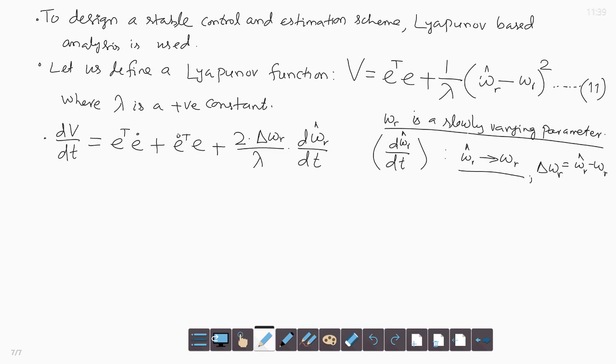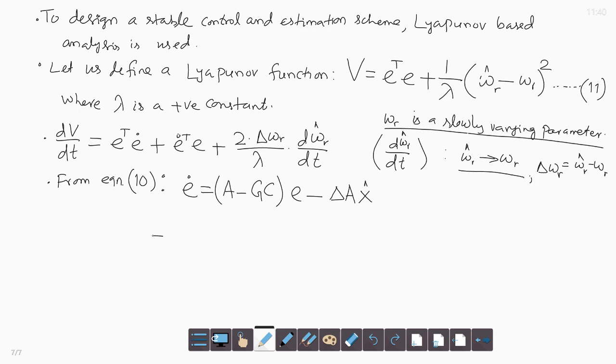So from equation number 10, we have the derivative E dot is A minus GC into E minus delta A into x hat.